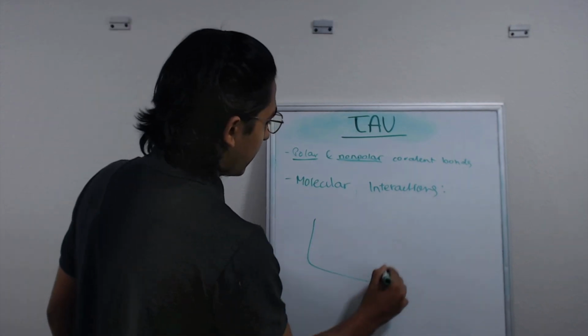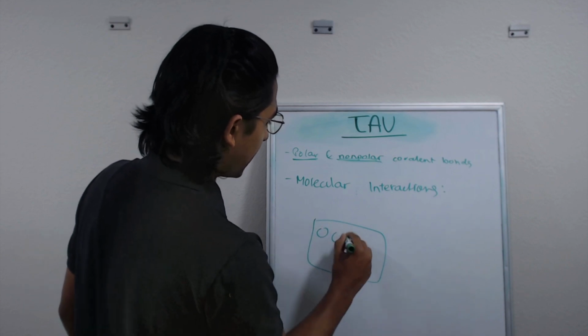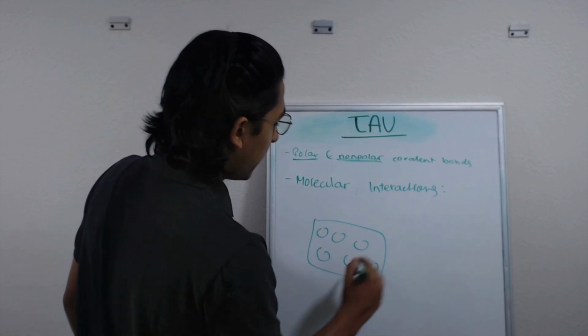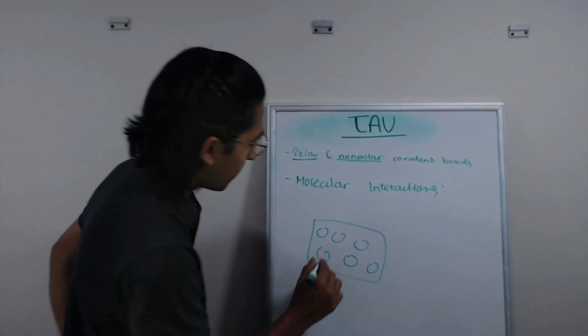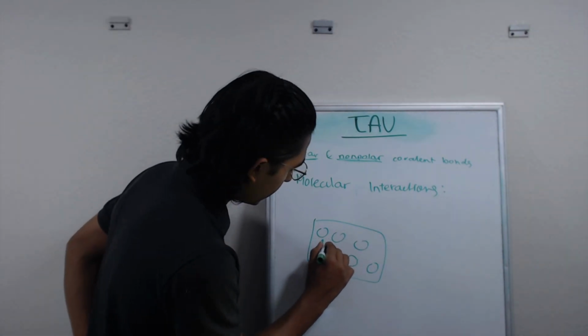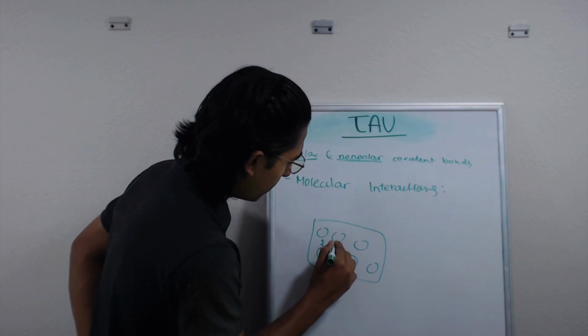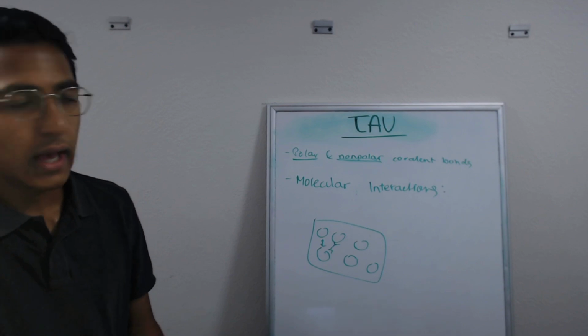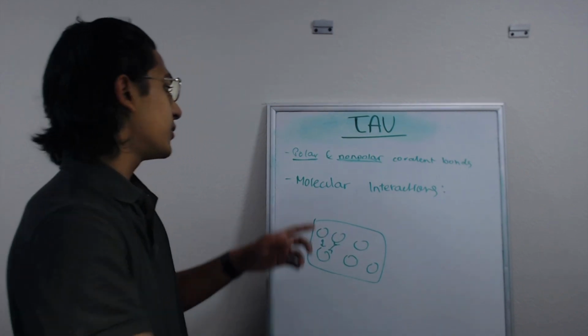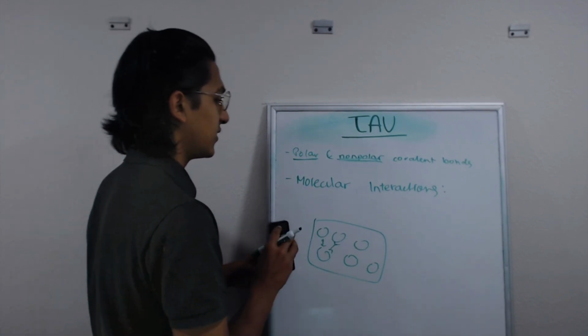Let's have a box like this, with a bunch of molecules here. How do these molecules interact with each other? Are some of them attracted to each other? Are some of them repelled from each other? What's the difference? That's where we get to molecular interactions.